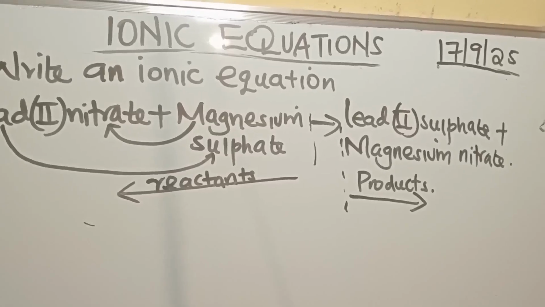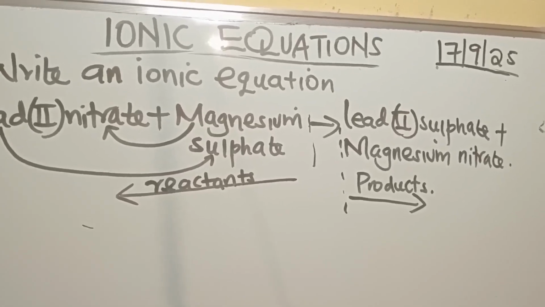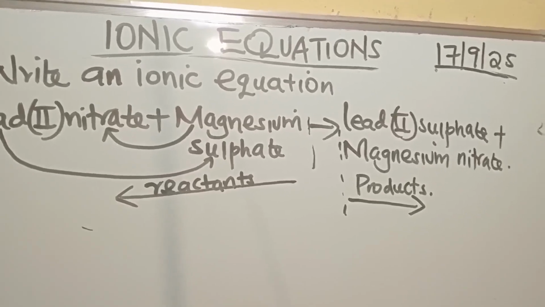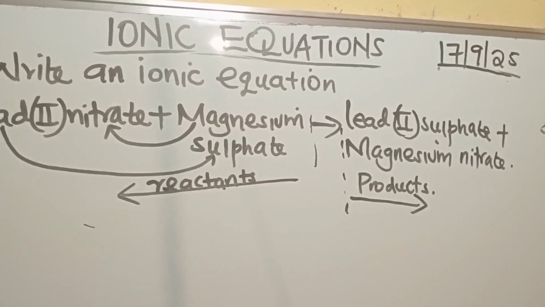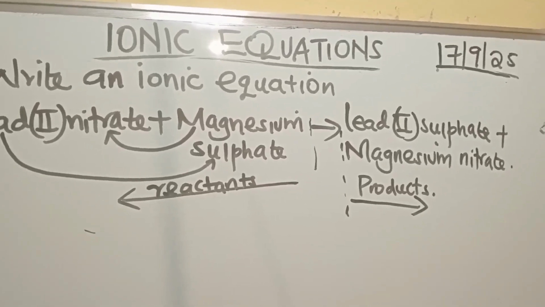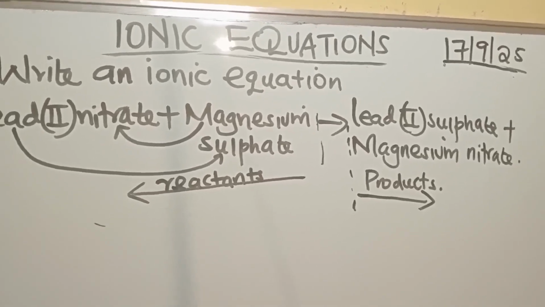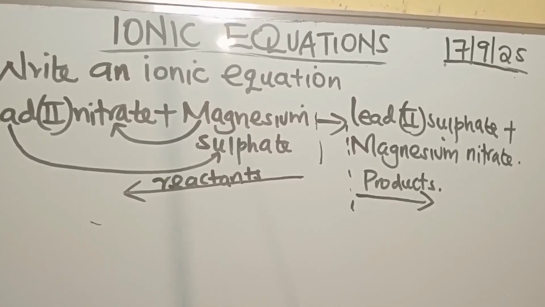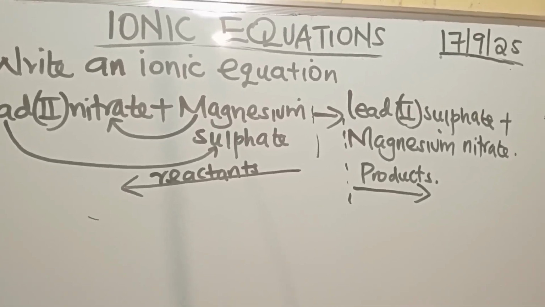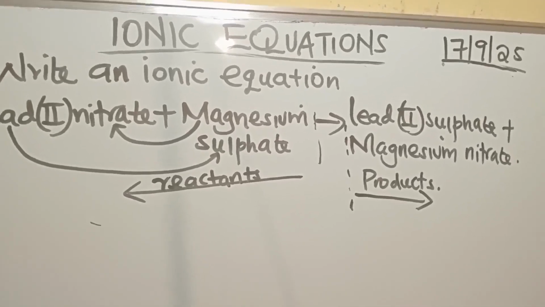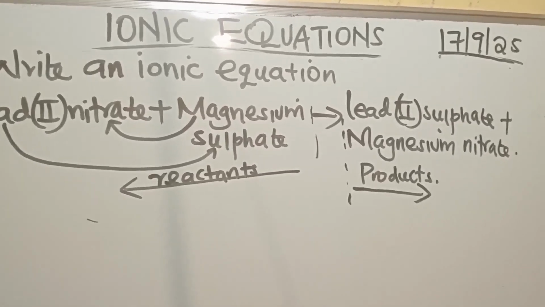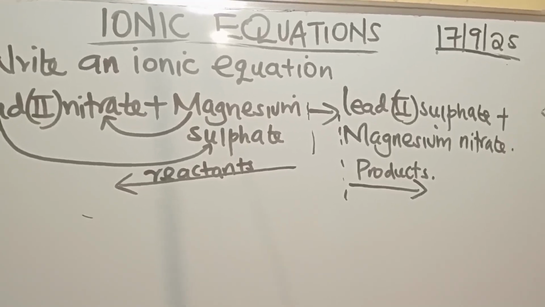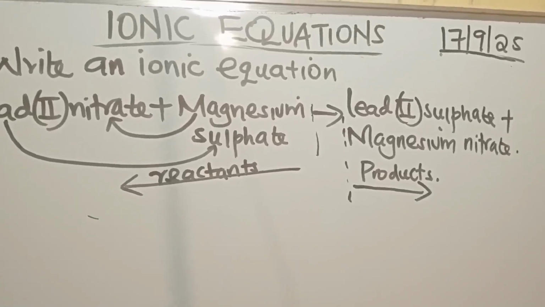Once we go to the product side, again about sulfates, we say that all sulfates are soluble, all of them meaning they're in the aqueous state, except, so those that we say except, it means that they are insoluble. So all sulfates are soluble except lead 2 sulfate, barium sulfate, and calcium sulfate, which is slightly or sparingly soluble.